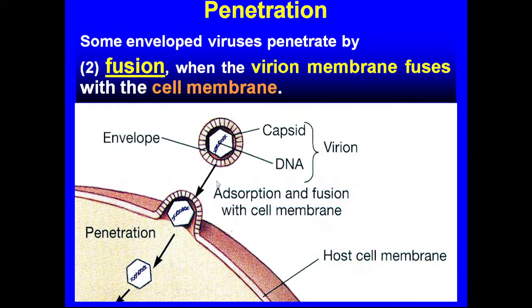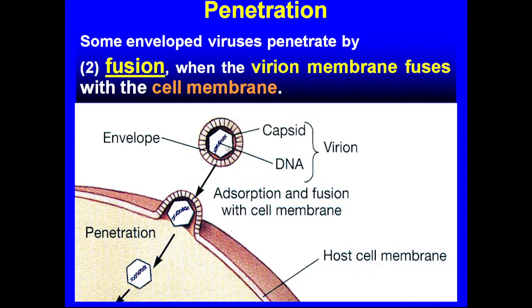Some viruses may enter the cell a different way. This is typical for the majority of enveloped viruses, because the envelope of the virus is very similar to the plasma membrane of the host cell. This is the host cell and this is a virion.